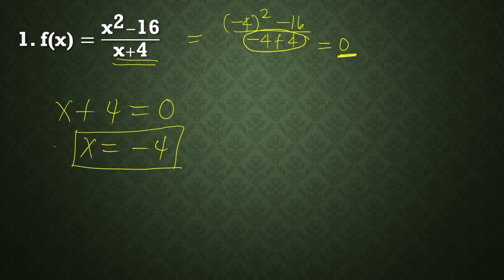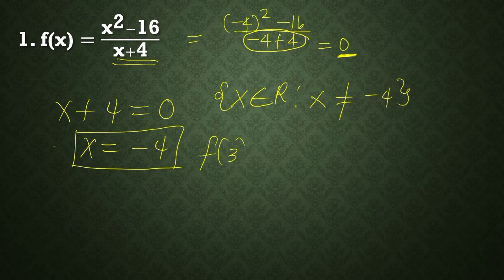Usually ganito siya. X is an element of R wherein x should not be equal to negative 4. So, ibig sabihin, pwede ang ibang values ng x except negative 4. So, kapag negative 3 ang ginamit natin, pakita natin siya, no? Kung f of negative 3.